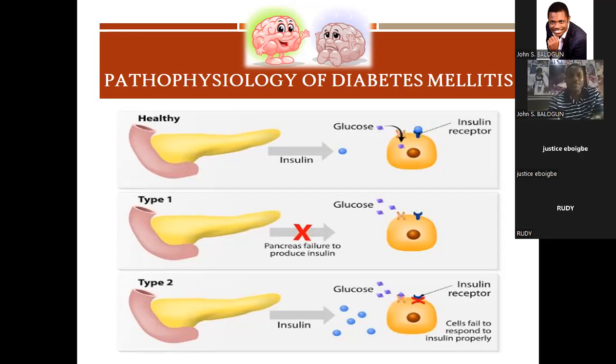Now, that increased glycemic level is being sensed by what we call insulin sensitive cells of the body, and then they stimulate the production of insulin. Not only that, the high level of glucose in the blood also inhibits glucagon.